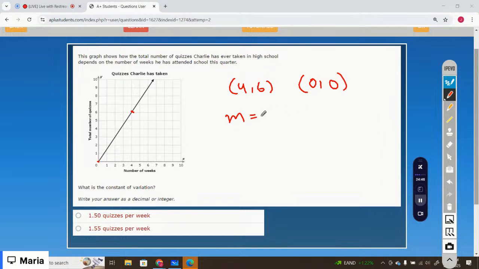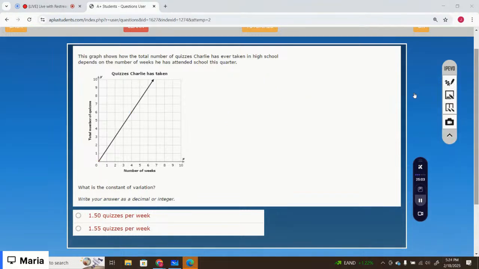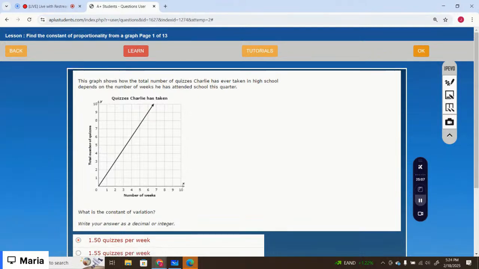So the slope is change in y divided by change in x. That is 1.5 quizzes per week. Option number 1 is the correct option. That is 1.5 quizzes per week.